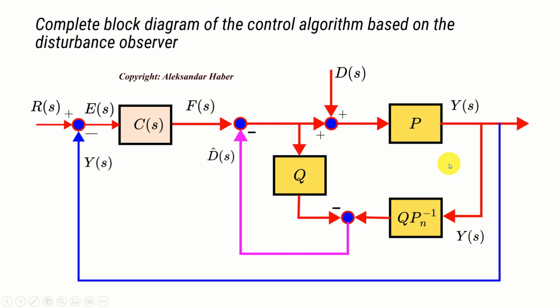Pn is a nominal transfer function. That is, this is a transfer function that is known to the control system designer. And again, always keep in mind, the exact model of the system is never known accurately. What we know is only the nominal model. That is, we only know the nominal parameters.